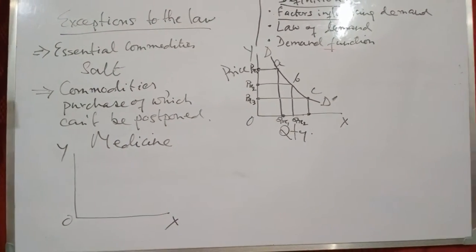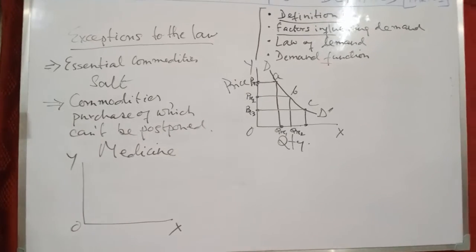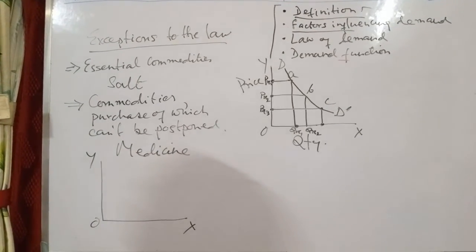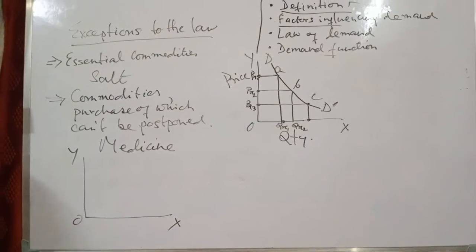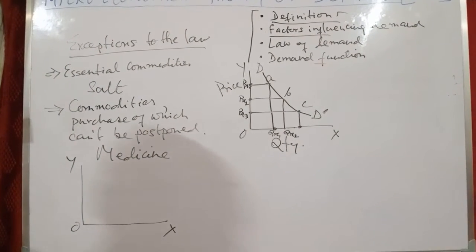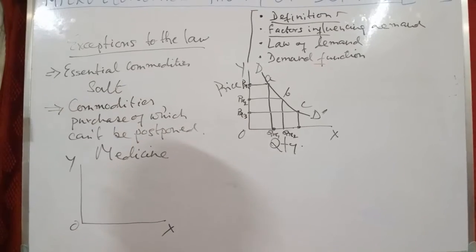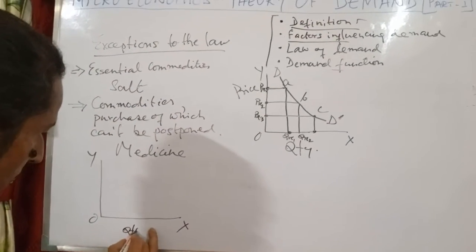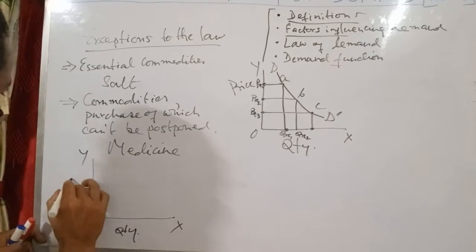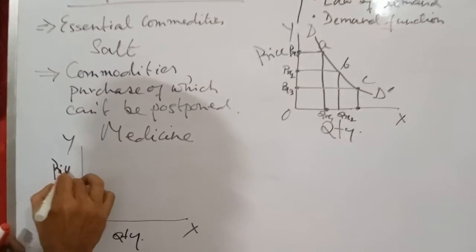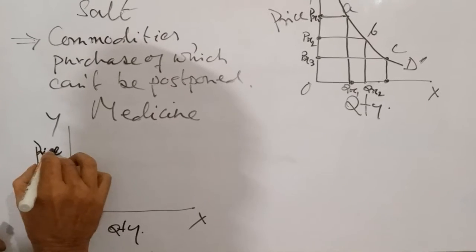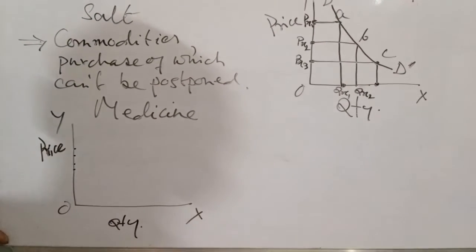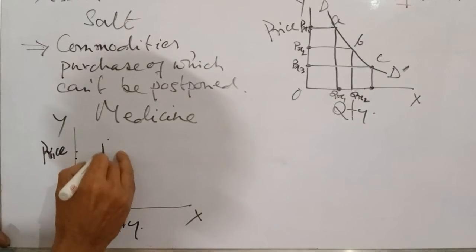That is, whether price falls or increases hardly makes any difference in consumption of the commodity by the consumer. So whatever be the price, the quantity remains the same.